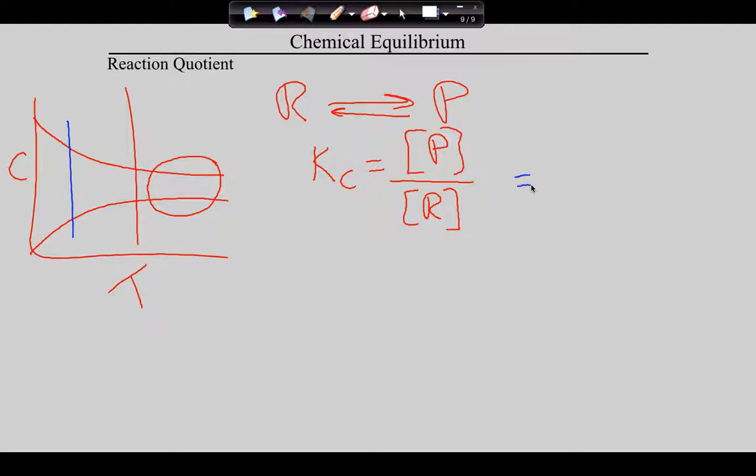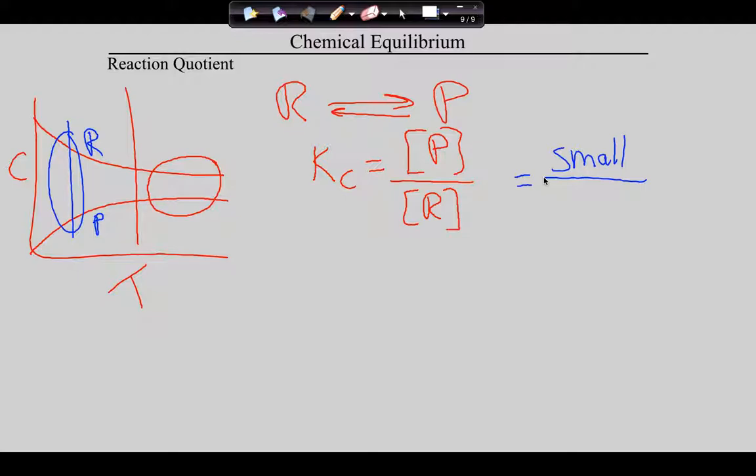Let's label our things. Which one's our product, the bottom or the top one? This is our reactant, right? It's going away. This is our product. So what if we plugged in the values at these conditions? Well, what would the product number be? Would it be higher or lower than it would be at equilibrium? Lower, right? This would be too small.